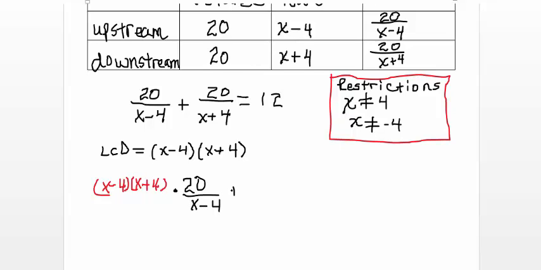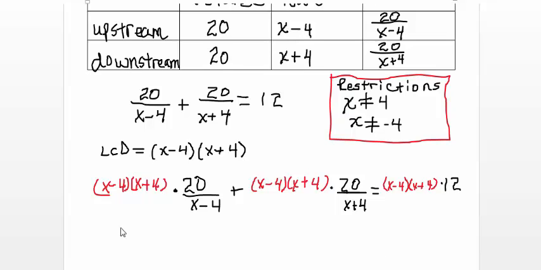So I multiply the LCD by the first term of the equation, by the second term of the equation, and also by the third term of the equation, which is the 12 that's on the right side of the equals. And when I multiply the LCD by the first term, the x minus 4's divide out.